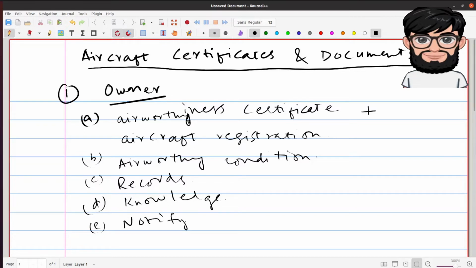You also need to notify the FAA Civil Aviation Registry if your mailing address changes or something happens to your citizenship. And the last thing is if the aircraft is going to operate outside of the United States, you need to have the FCC radio station license, and also the ELT, the emergency locator transmitter.